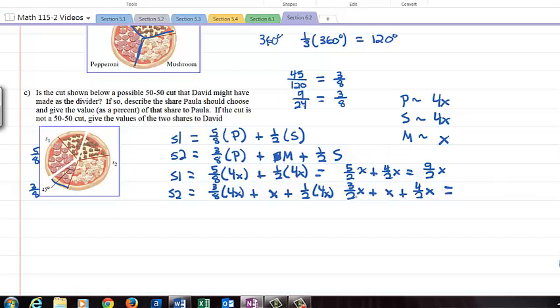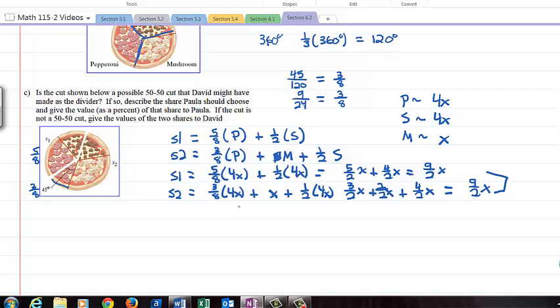Well, I have a 3/2 and a 4/2, so I need to convert to a common denominator. This is a 1, so a 1 is going to be 2 over 2. So 3/2 plus 2/2 plus 4/2 is again 9/2 x. So these two are equal. This is a fair share.